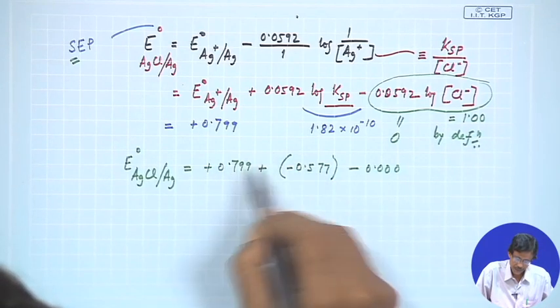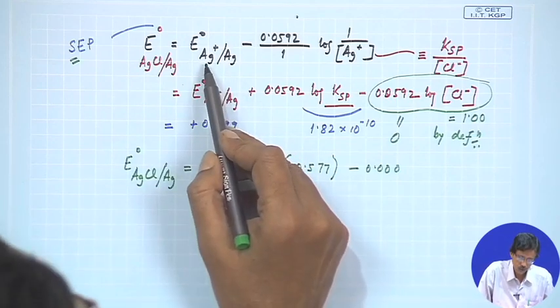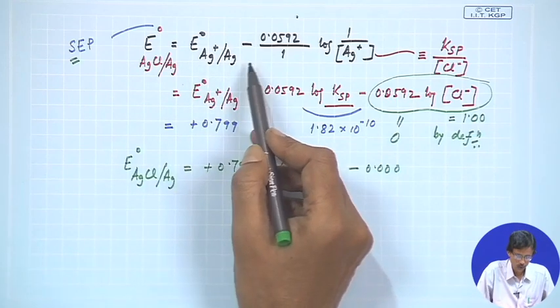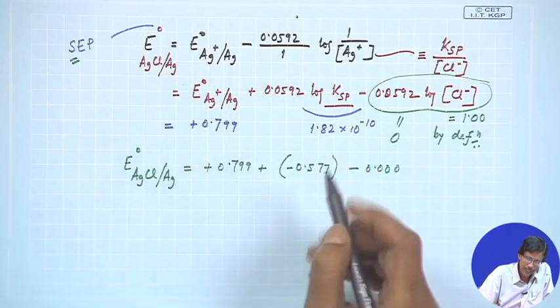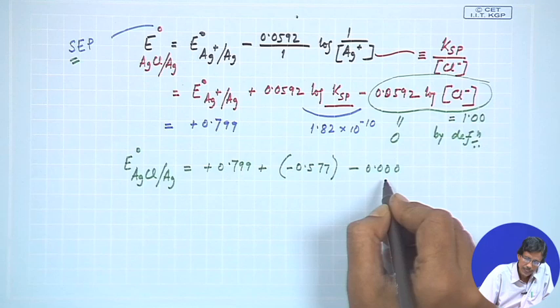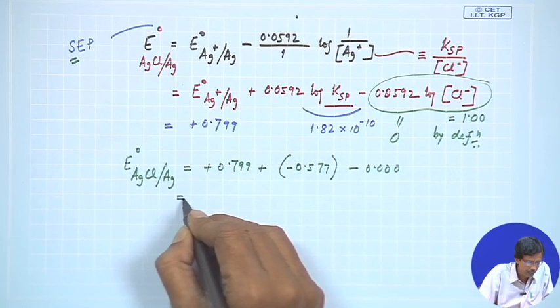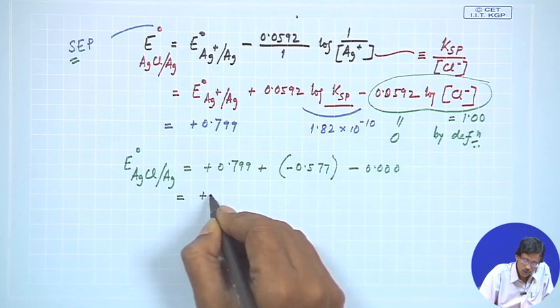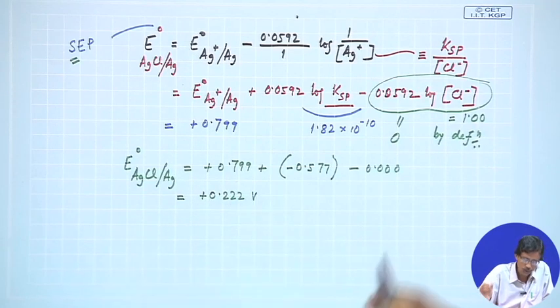This is the correction we get by moving from the silver ion to silver electrode to the silver chloride to silver electrode. This is the amount of change, so it will be equal to plus 0.222 volt.